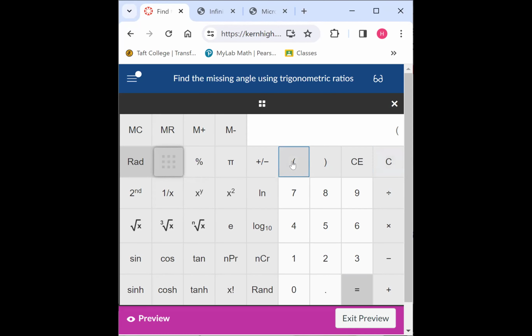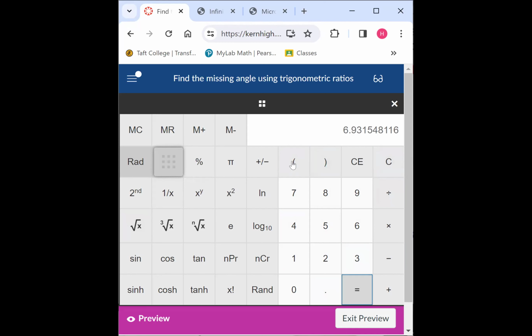So open parentheses, 3.66 minus 3, close parentheses. So the top was not that bad, right? Easy to type. Divided by, open parentheses for the bottom, 1.89 divided by the square root of 394. Close the parentheses for the square root and close the parentheses for the bottom.